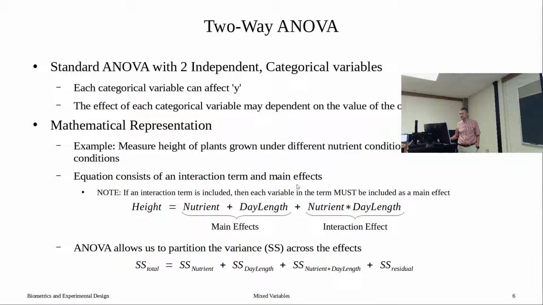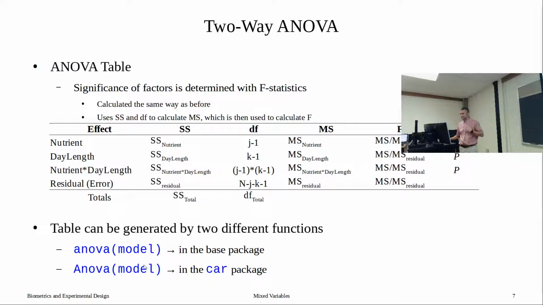That's our interaction effect. So our partitioning is partitioning these sum of squares terms. All right, so all of these sum of squares for each of the main effects, for our interaction term, and that residual, that error term, is going to sum to our total sum of squares, the overall variation in our data set.